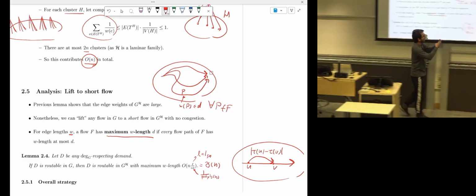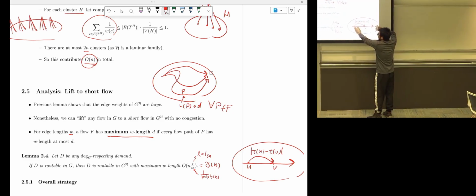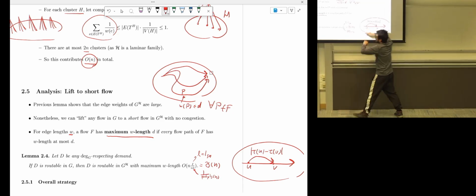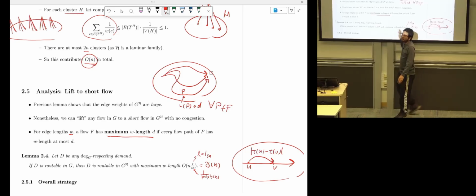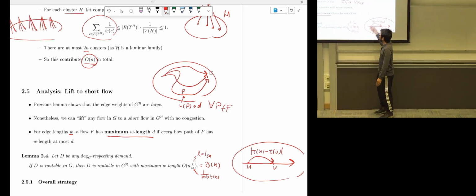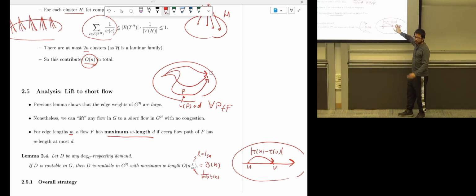And the topological ordering can only increase from 1 to N. So if G is a DAG, you don't need to use shortcuts at all. The maximum length of the flow would be just N. But if the graph is not a DAG, it's not clear at all.